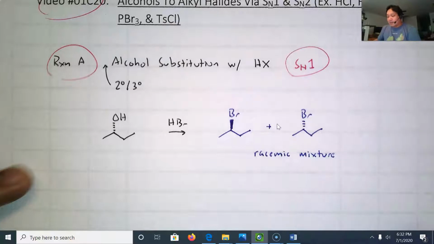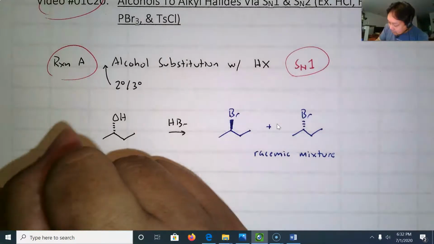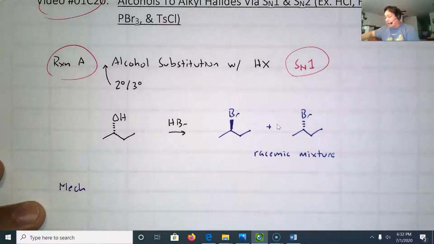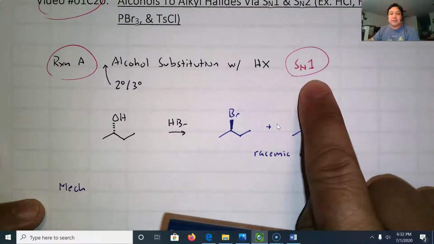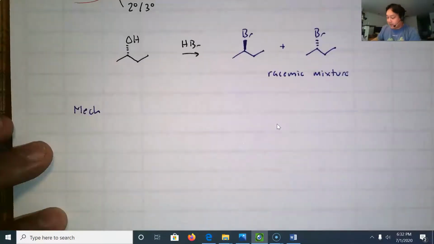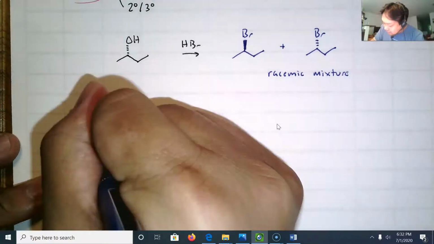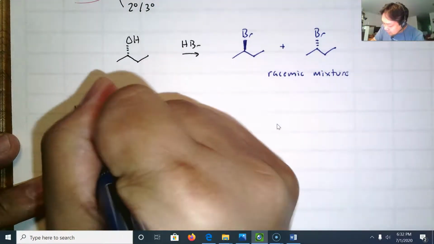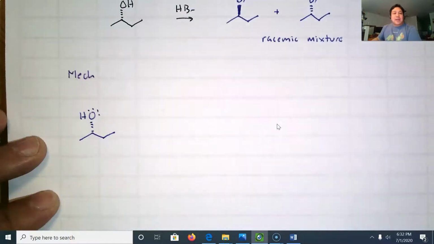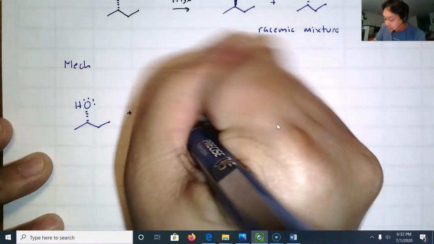Let's look at the mechanism. And we are going to follow an SN1 type of mechanism. We're going through the carbocation. What's going to happen first is we're going to protonate the alcohol, or protonate the hydroxyl group first.